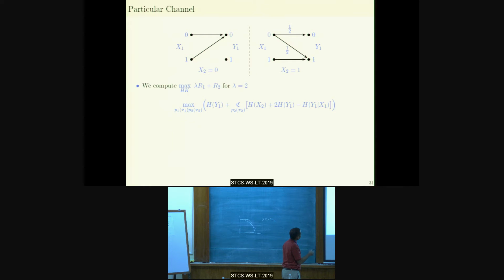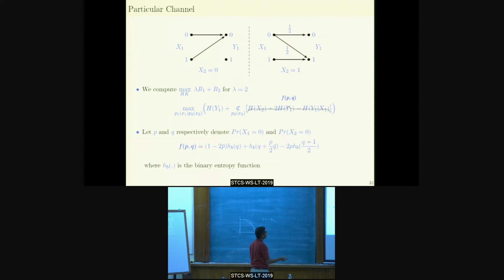So I want to compute the maximum over all x1, x2. This is just two variables of this particular expression. It turns out this is again a single variable thing.